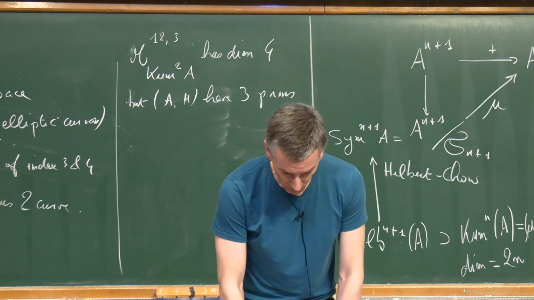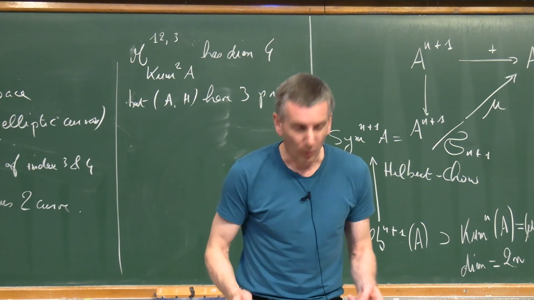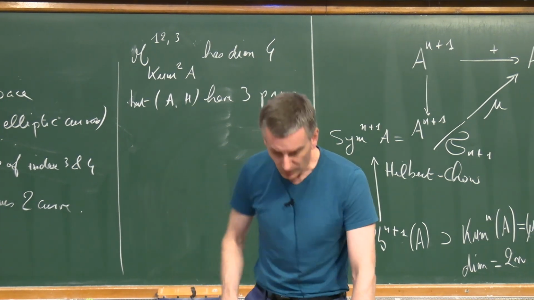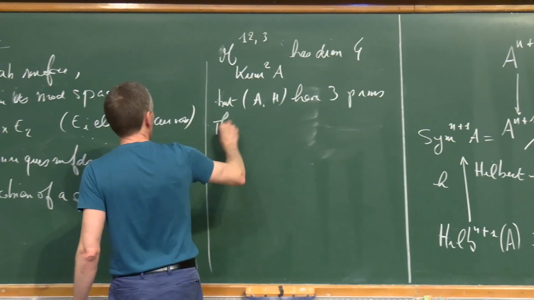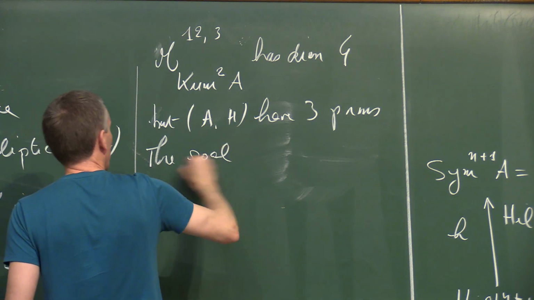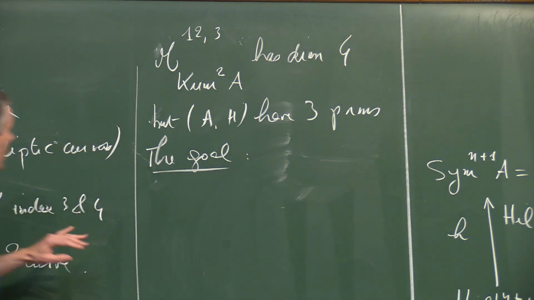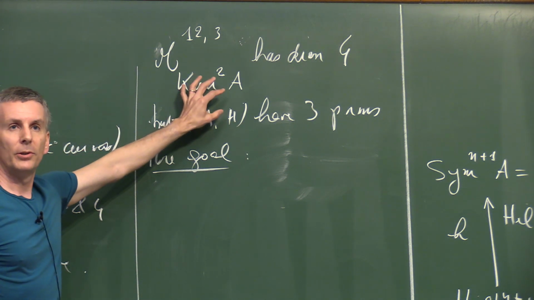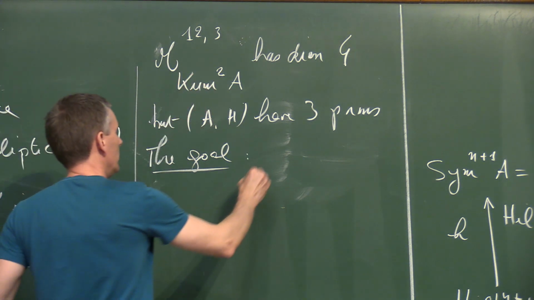To do this, we would like to find a rational construction of the elements of this moduli space. So the goal is to find a description of these elements using projective coordinates.